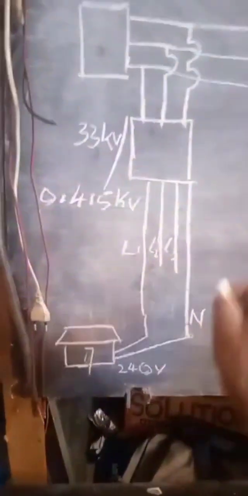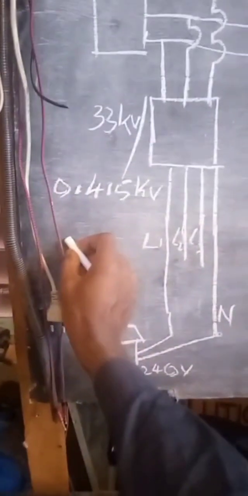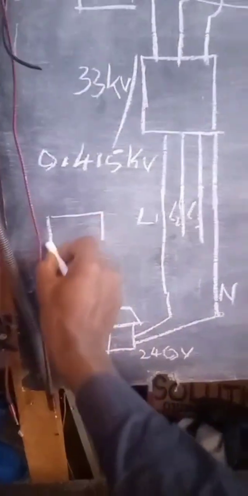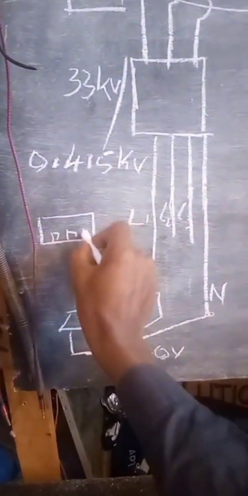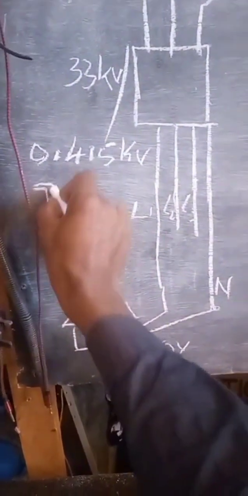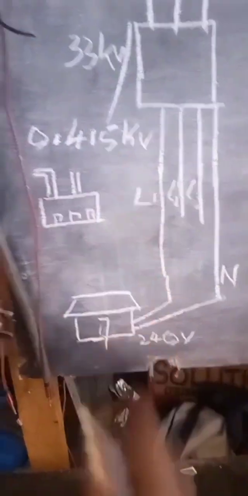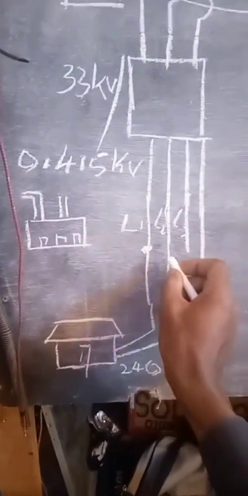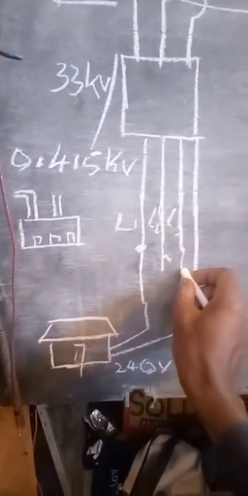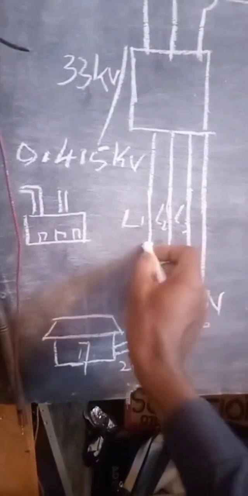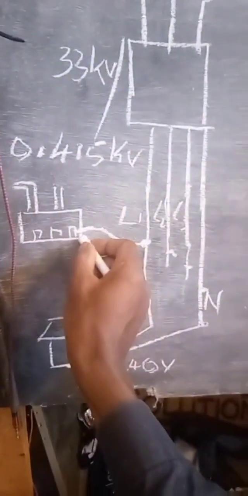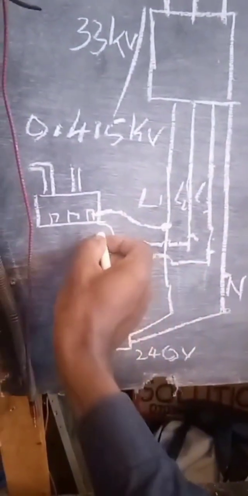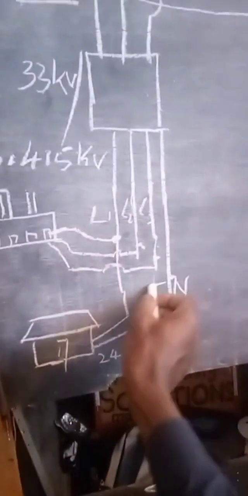So in case we have an industry here, let's say we have an industry like that, then we will tap these 3 phases like this, and neutral, and then we are going to feed them to this company here, or this factory here, plus this neutral.